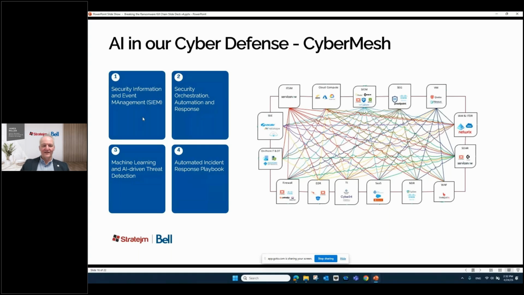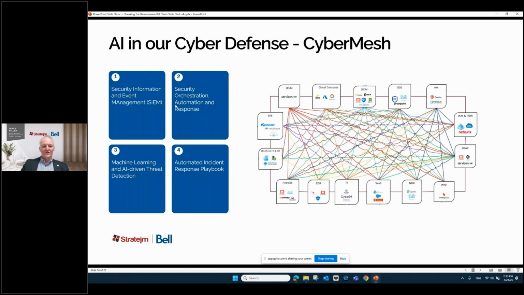It's quarterbacking all the responses across the entire network. And then having a SOAR that is tuned to automation, but also playbooks for response and containment are key.